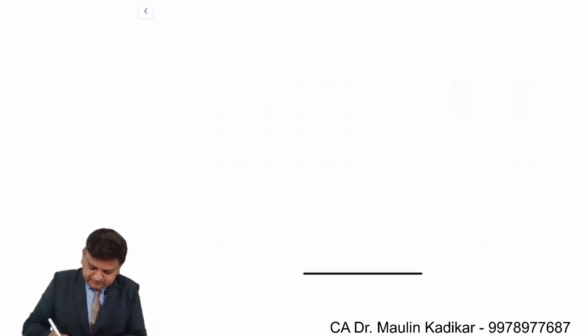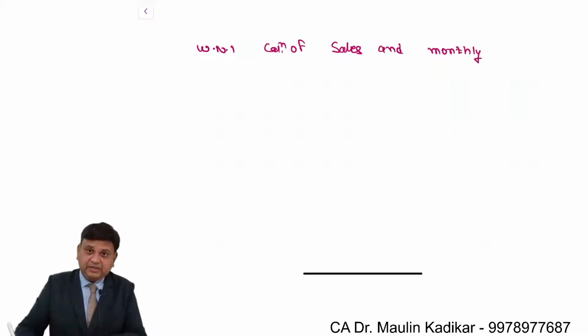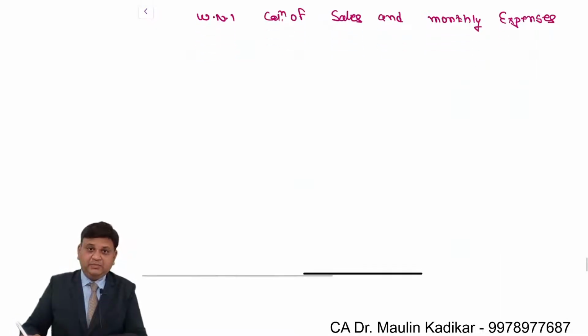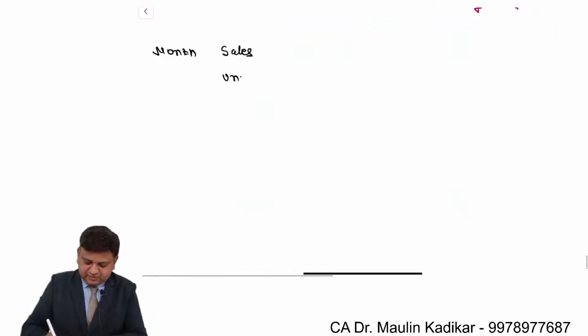Working note number 1. Calculation of sales and monthly expenses. Column number 1 will be month. Column number 2 will be sales in terms of number of units.